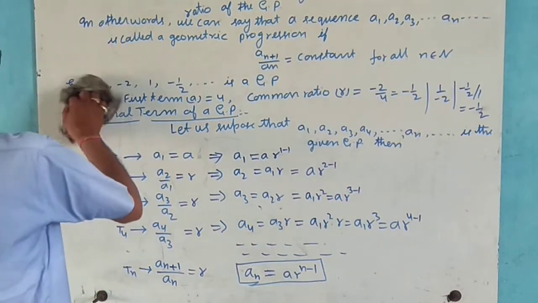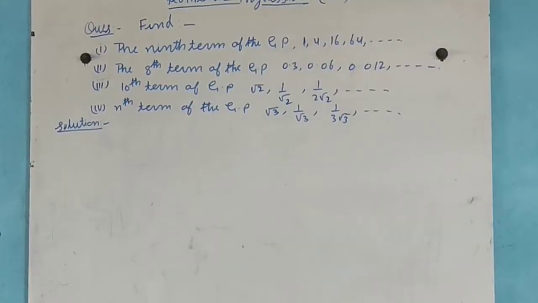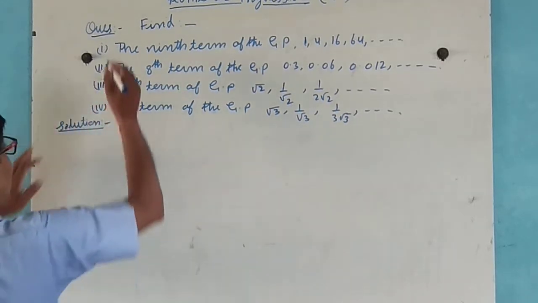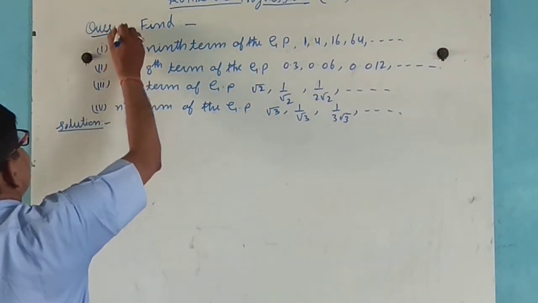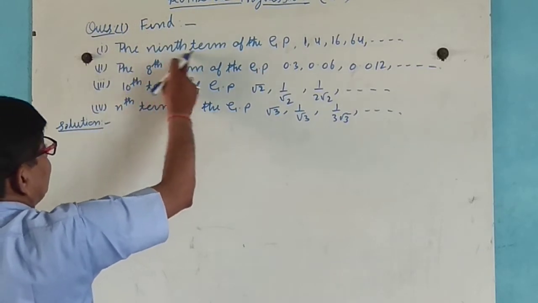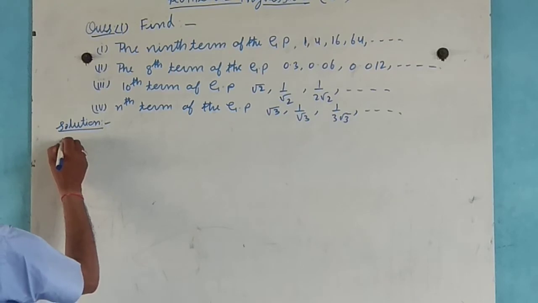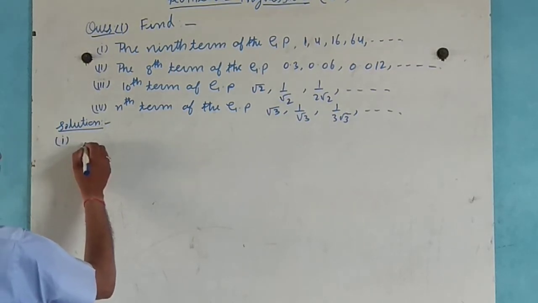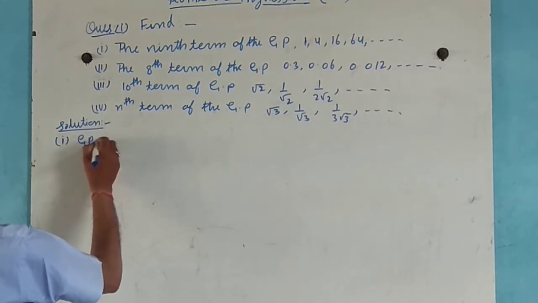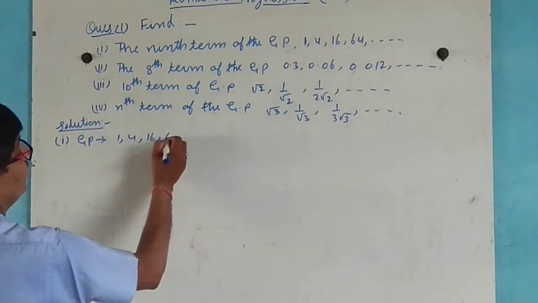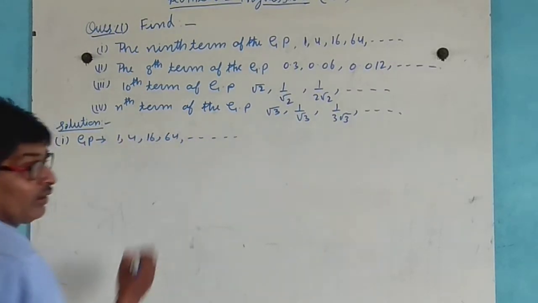Now we take some questions. Question number 1: find the ninth term of the GP. The first GP is 1, 4, 16, 64 and so on.